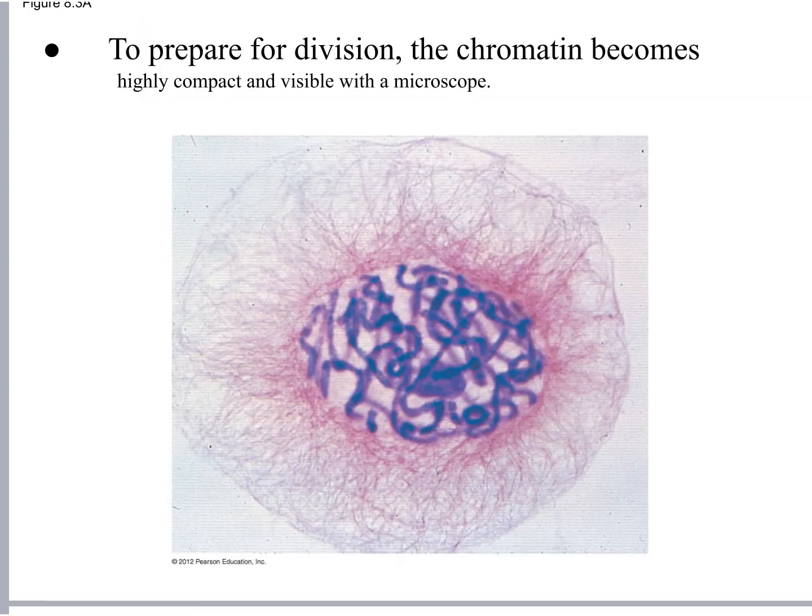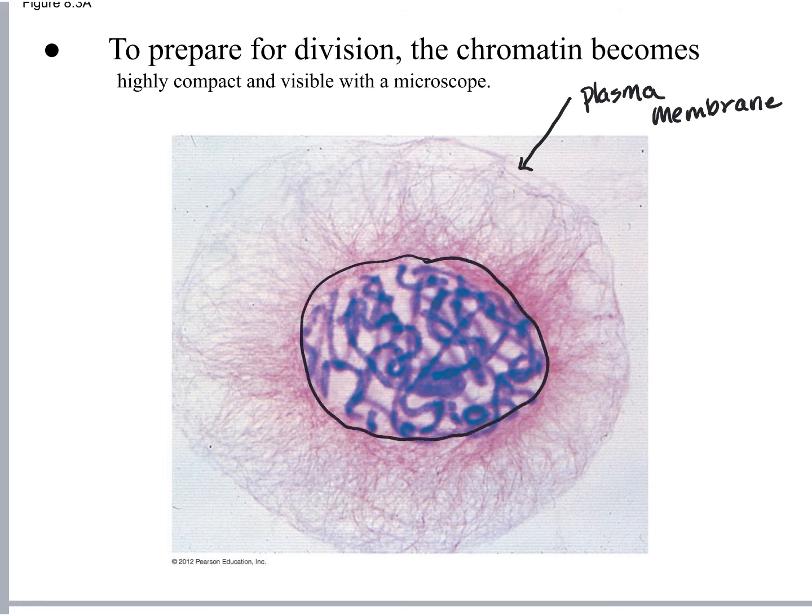Before a cell divides, what you'll see inside of the cell is that the chromatin condenses. It becomes very visible underneath a microscope when we add a stain to the cell. So let me show you what's what here. That's the plasma membrane. And here, in the center, that's the nucleus.